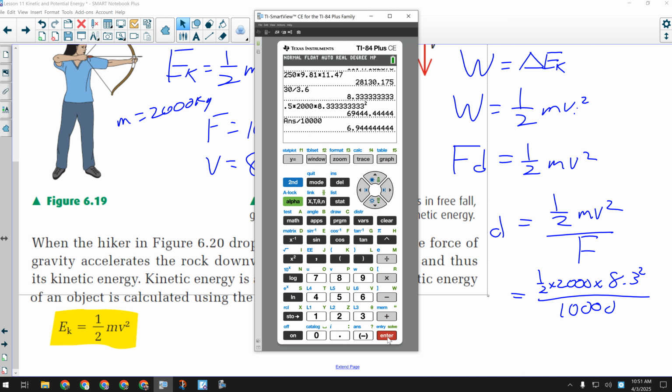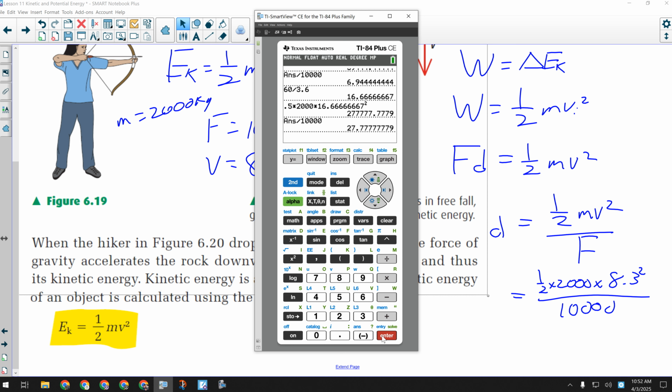Okay. Now, if, for whatever reason, I was going twice that speed, okay, I'd be going 16.6 meters per second through that playground zone. All the numbers are the same except for this one. So 0.5 times 2,000, okay, times 16.6 squared divided by 10,000.